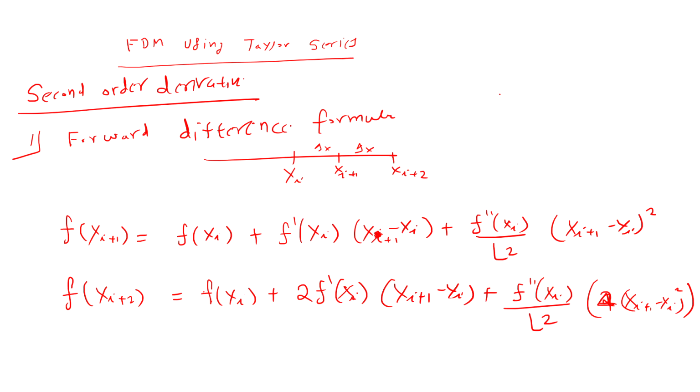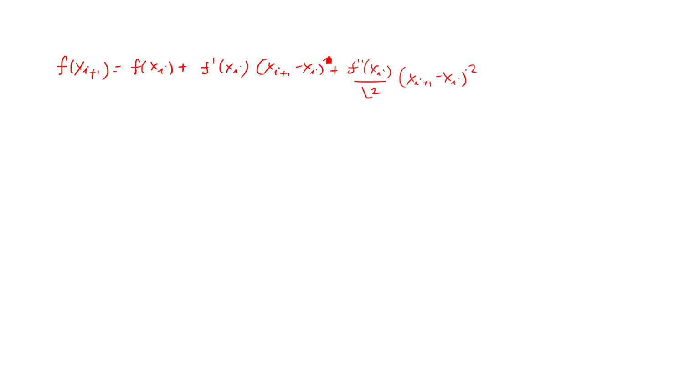Now let us focus on this. I am going to write down these two expressions in the next slide. f of xi plus 1 becomes f of xi plus f prime xi times xi plus 1 minus xi to the power 1, plus f double prime xi upon factorial 2 times xi plus 1 minus xi to the power 2, plus f triple prime xi upon factorial 3 times xi plus 1 minus xi to the power 3.